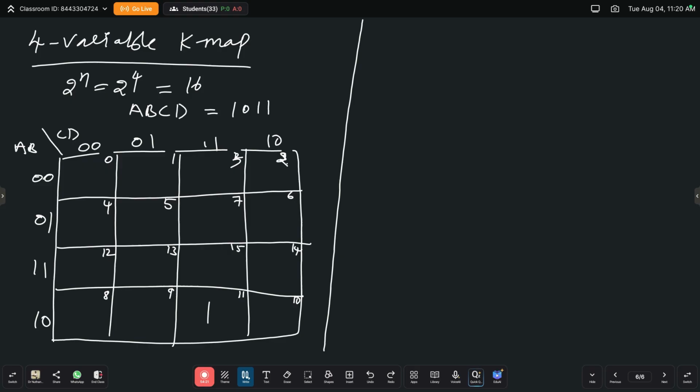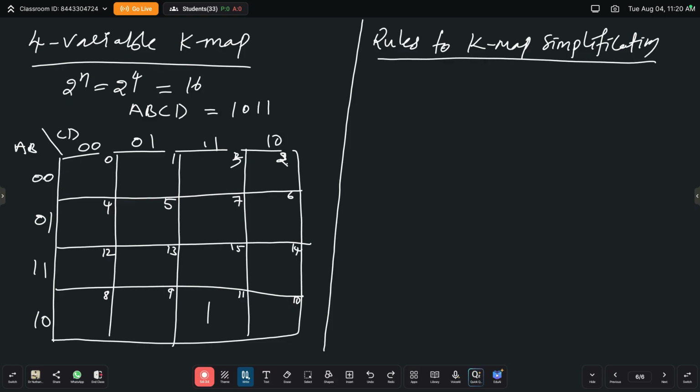Rules for K-map simplification. Whenever you want to design, this is only representation: how to represent one variable K-map, two variable K-map, and four variable K-map.